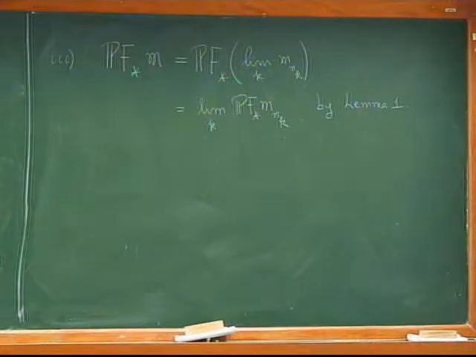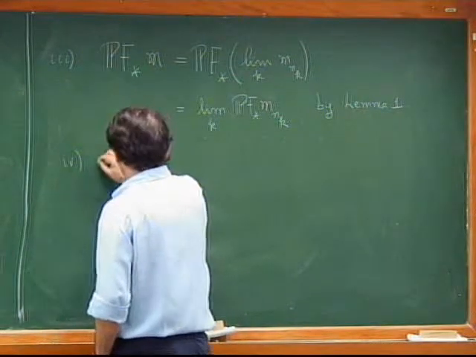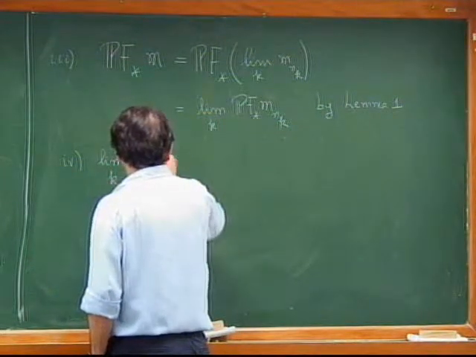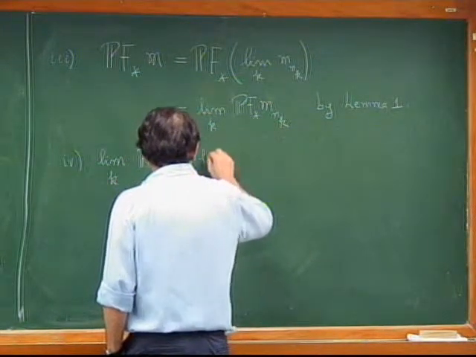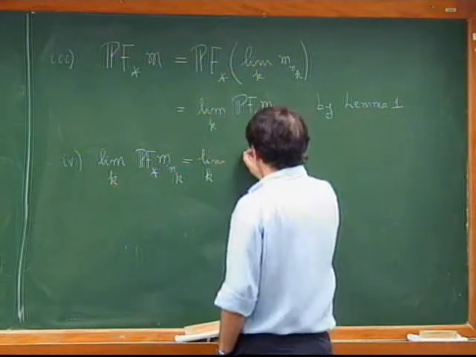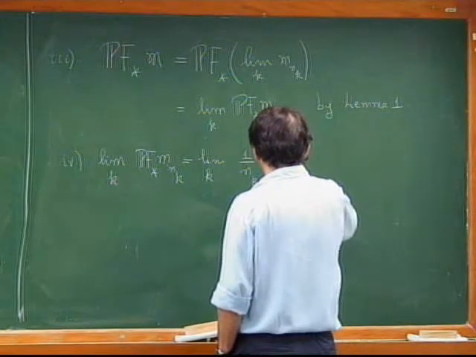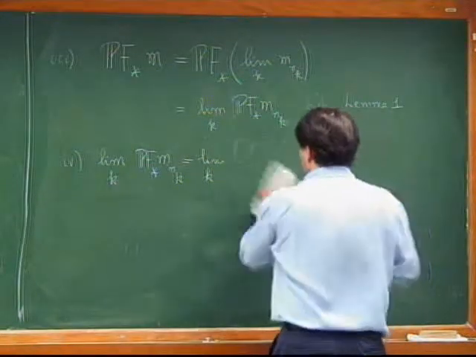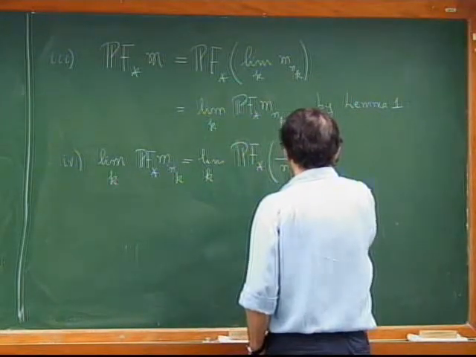What else? Well, let's look at this. What is the limit in k of Pf star of mnk? Well, it's the limit of Pf star of 1 over nk sum.